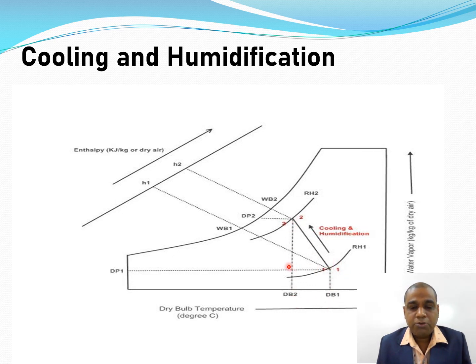The dry bulb temperature reduces, but the specific humidity increases, that is W1 and W2. W2 is more than W1, the final stage humidity is more than the initial stage. So this process is known as cooling and humidification.